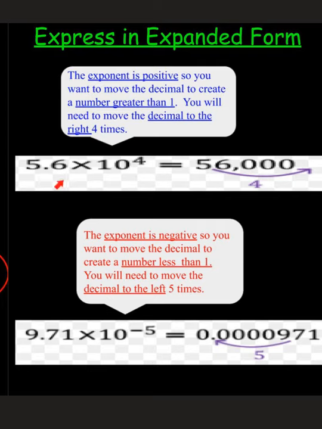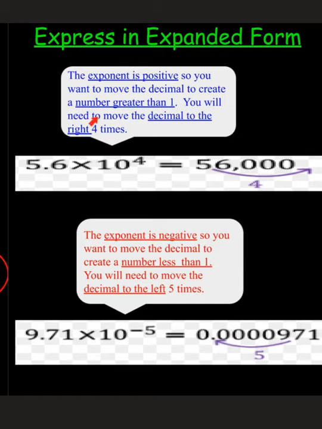Well, my first example, 5.6 times 10 to the fourth power, turns into 56,000. Well, the exponent is positive, so you want to move the decimal to create a number greater than 1. So if you think, which direction do I move my decimal? If I move it to make it greater than 1, I need to go to the right.